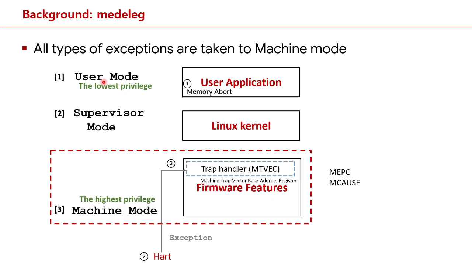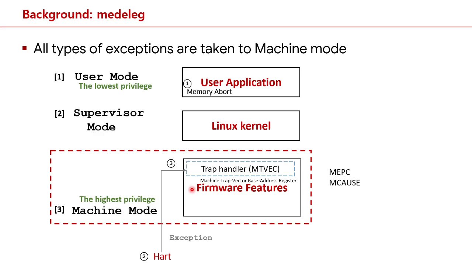As you know, in user mode, the user application usually runs. But by default, in this case, control moves to the exception handler, the trap handler in machine mode. The RISC-V core moves to the trap handler in machine mode. This is the default operation.